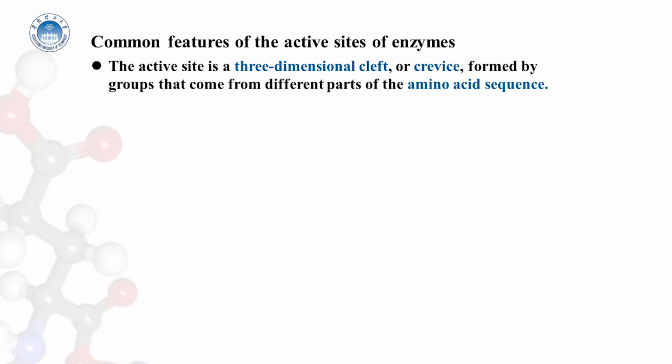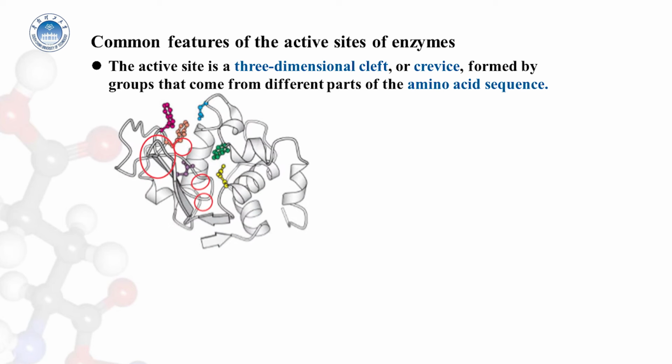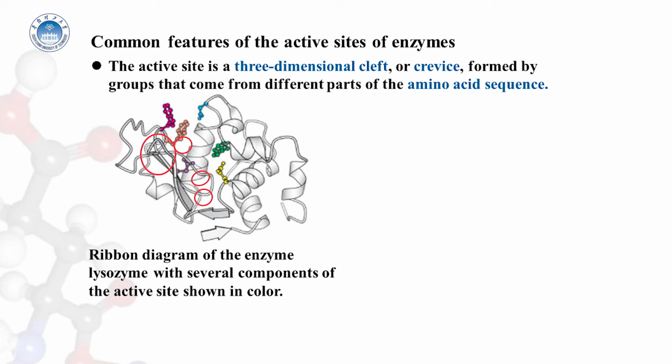Firstly, the active site is a three-dimensional cleft, formed by groups that come from different parts of the amino acid sequence. It shows up here the ribbon diagram of the enzyme lysozyme with several components of the active site shown in color.